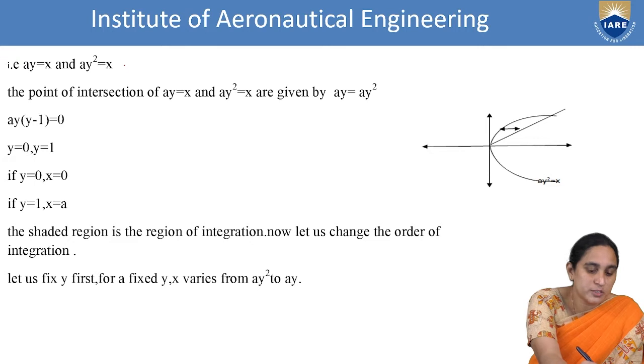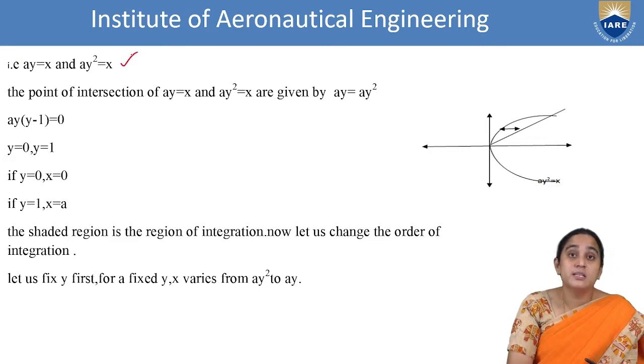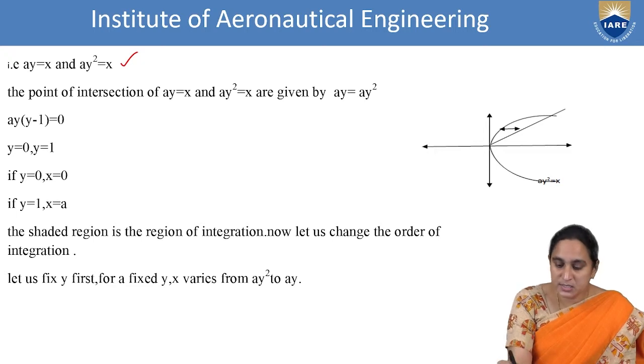Once you observe what the two curves form, one is in straight line form and the other one is parabolic form, right? One is the straight line and another one is the parabolic form. Here is the diagram: ay = x is the straight line, it passes through the origin, and ay² = x is the parabolic form.